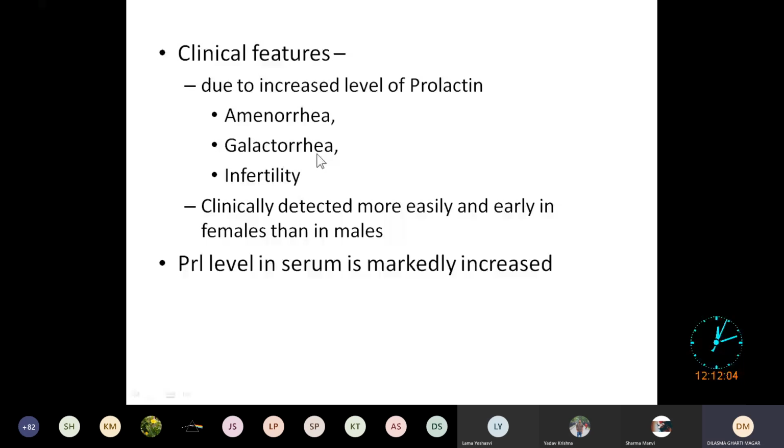Usually the breast produces milk when the female is pregnant and breastfeeding, but here galactorrhea will be there. So there can be amenorrhea, galactorrhea, and infertility.